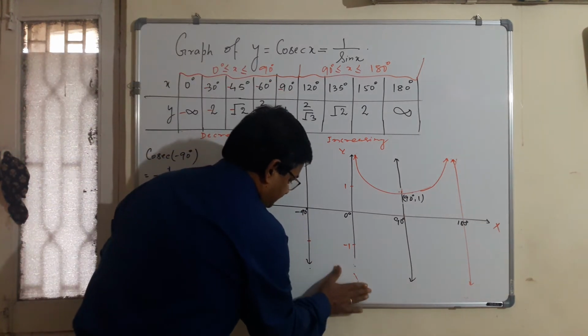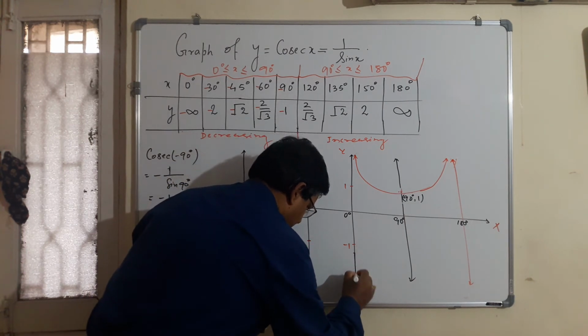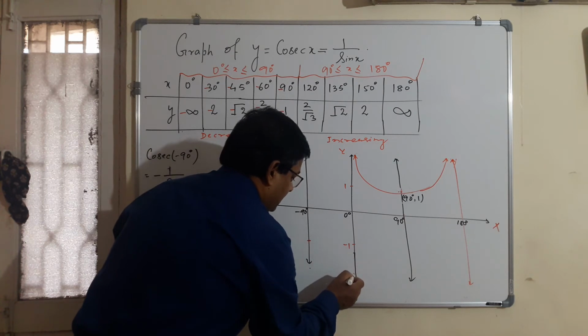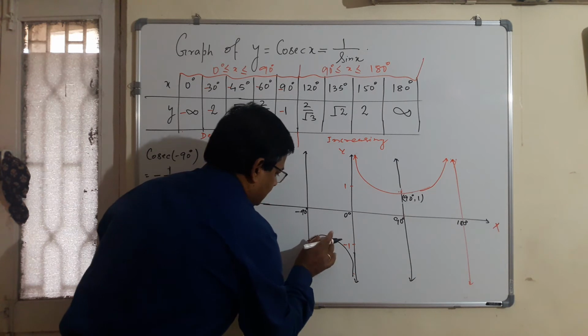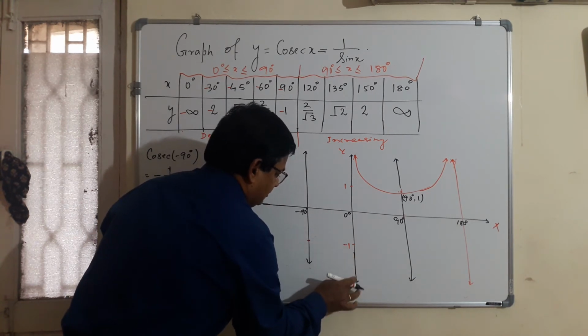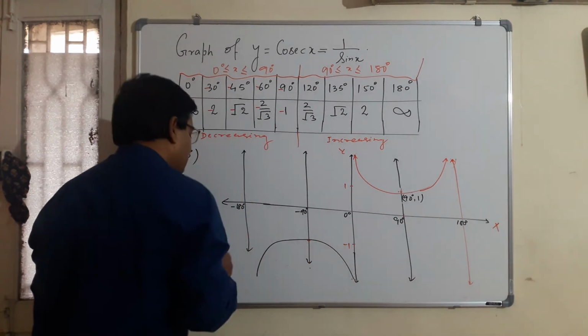So see here, you will get here minus infinity to minus 1. You will draw it on a graph paper and the graph will come like this.